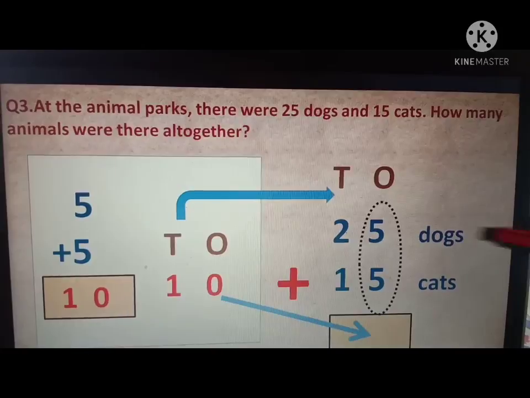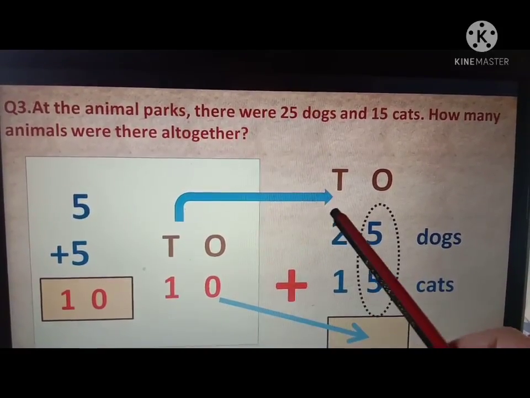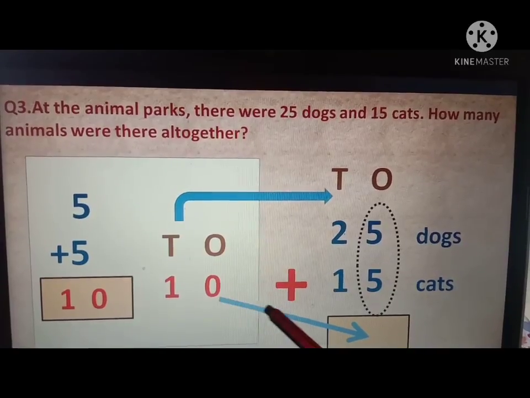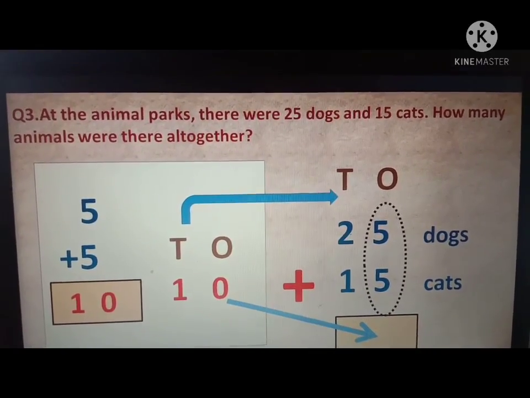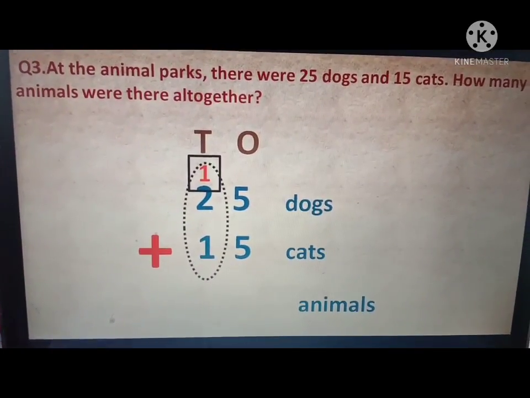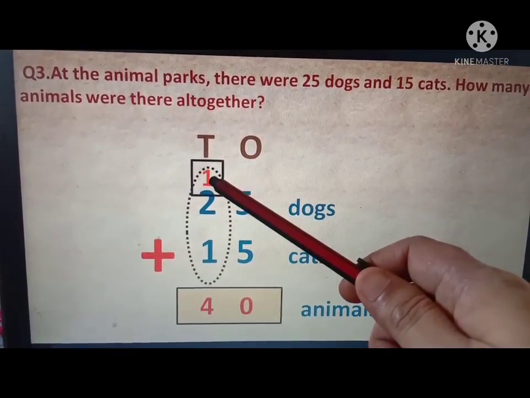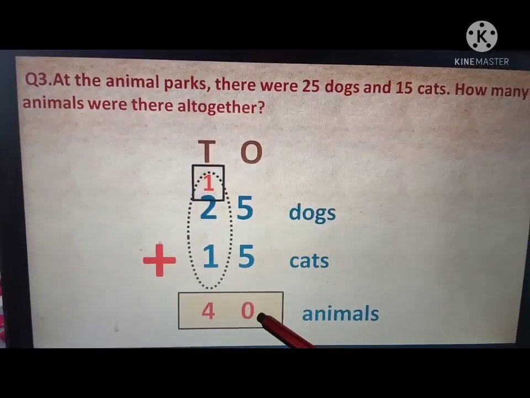So we have to shift the numbers accordingly. 1 we have to shift at tens place and 0 we have to shift at ones place. After this, you can see here 1 is written and here 0 is written.